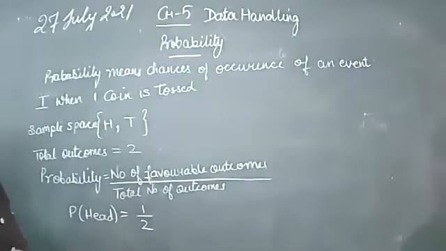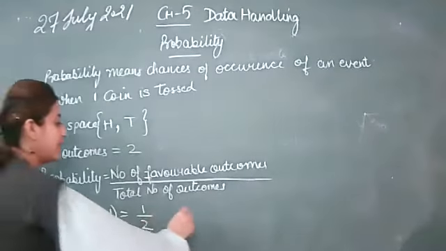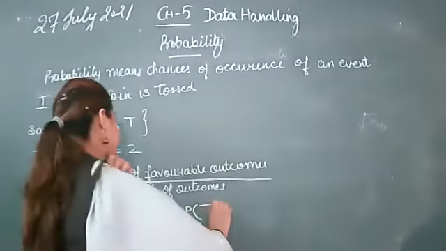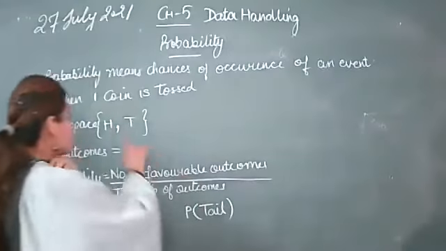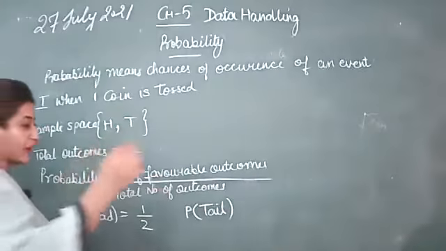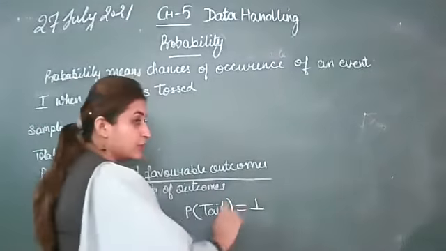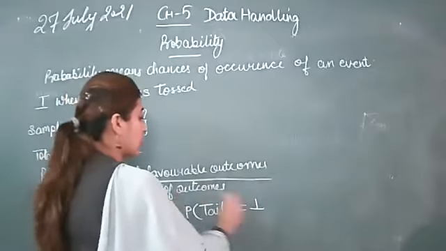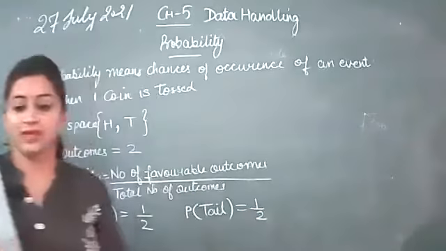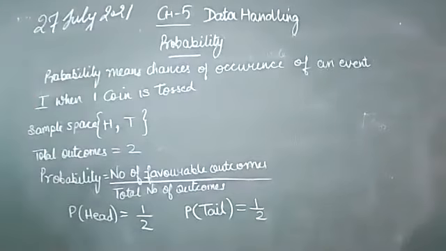So this is the probability of head. Next is probability of tail. Out of these two cases, tail is occurring one time, that is favorable to tail, and total outcomes are 2. So probability of head is 1/2 and probability of tail is 1/2.